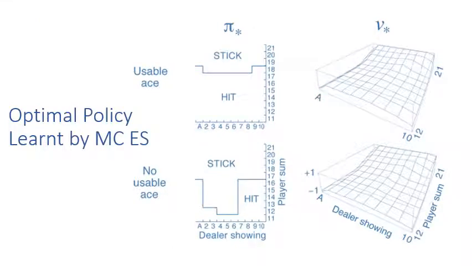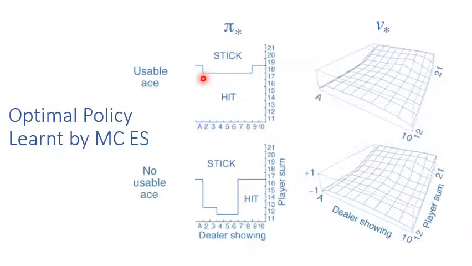Here is the optimal policy learned by using the Monte Carlo exploring starts method. From this table, we can see that if we can use the Ace as either 1 or 11, our strategy is to hit if the sum of the player is less than 18, or if the card of the dealer is 9 or 10, then our sum should be a little bit higher.